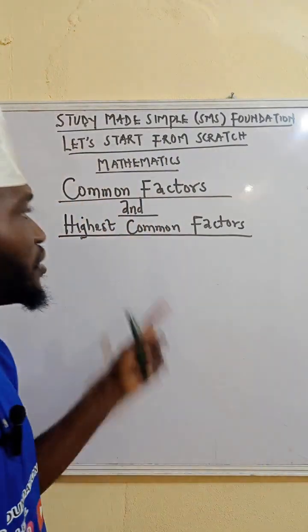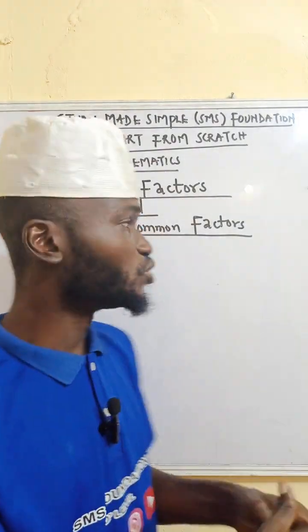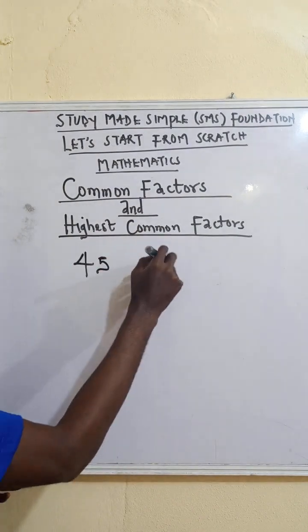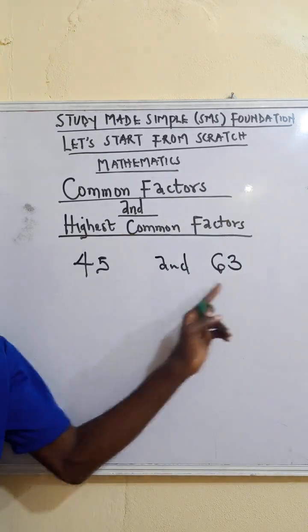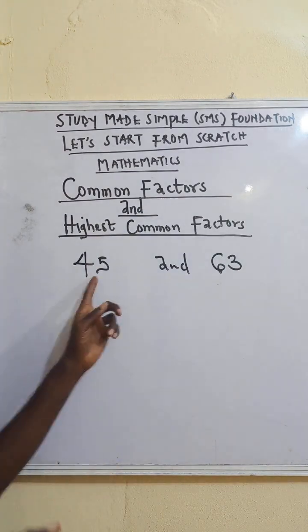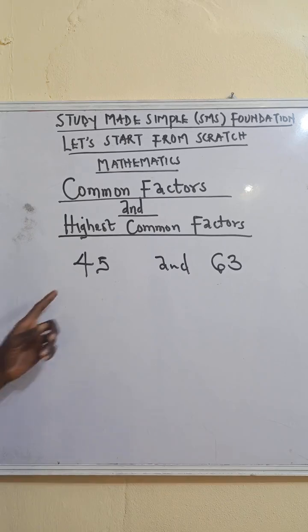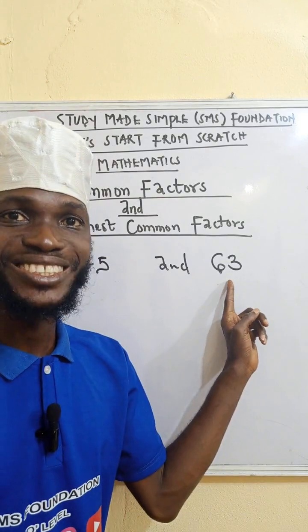For example, if they ask you to find the common factors between two numbers, for example, 45 and 63, what you need to first do is write all of the factors of 45 and write all of the factors of 63.